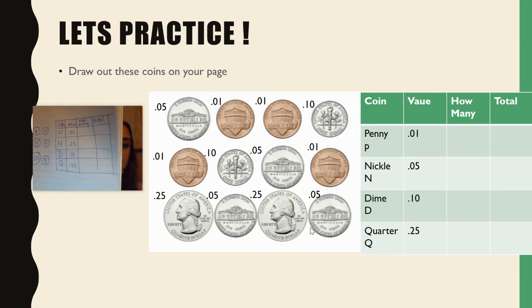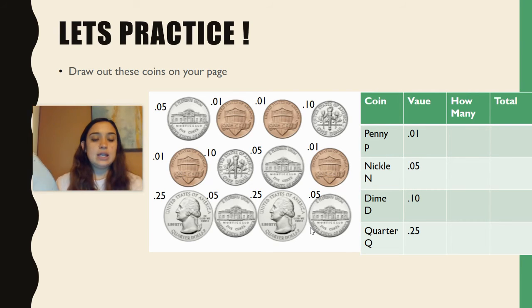So now let's go ahead and count up how many of each coin do we have. So how many is in each picture? Miss Acosta, if you can go ahead and call on a student to tell us how many pennies do we have. If you need to pause the video, that's okay too. All right, so pennies, we should have 4 pennies.